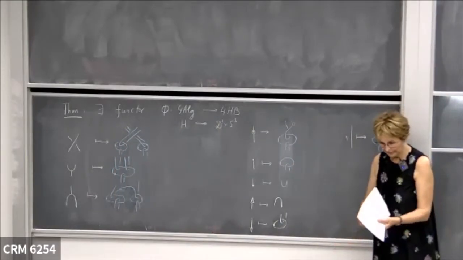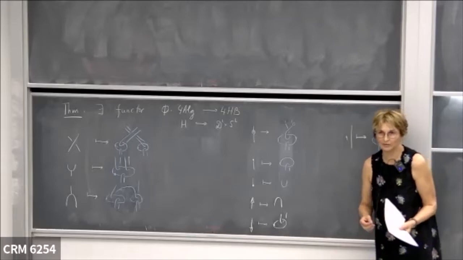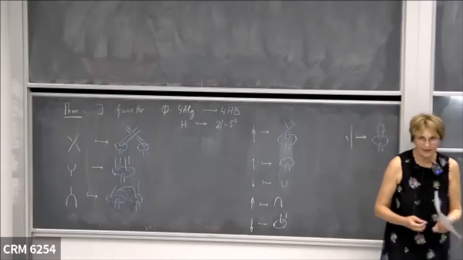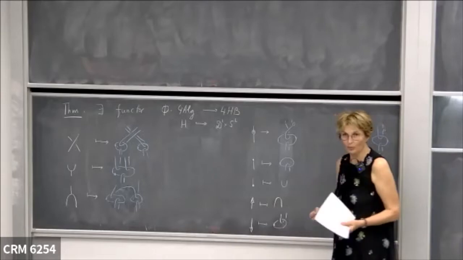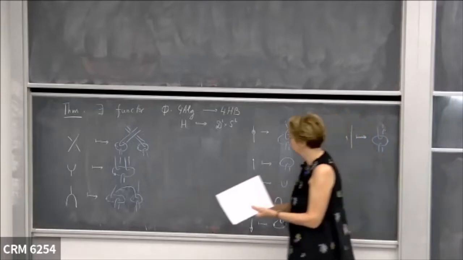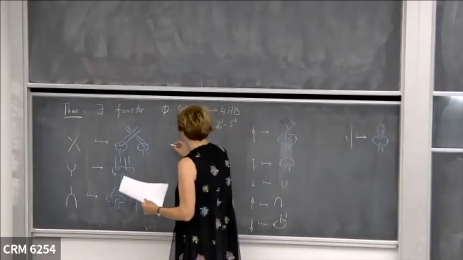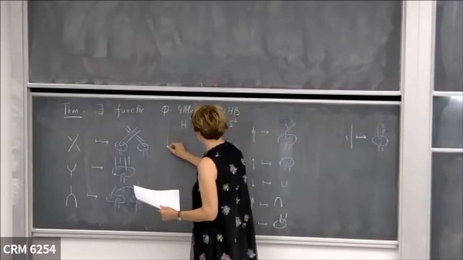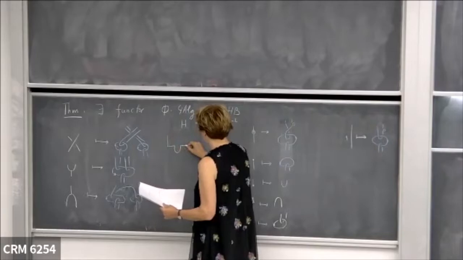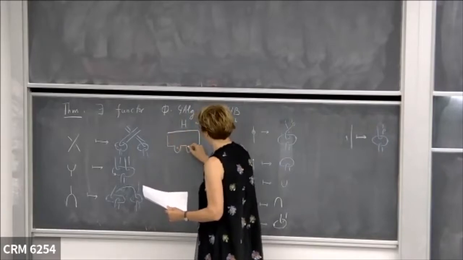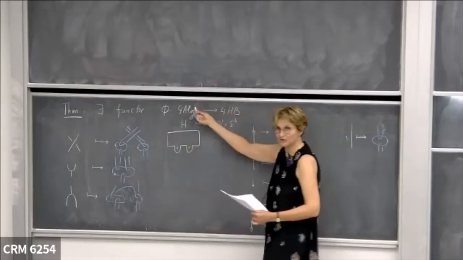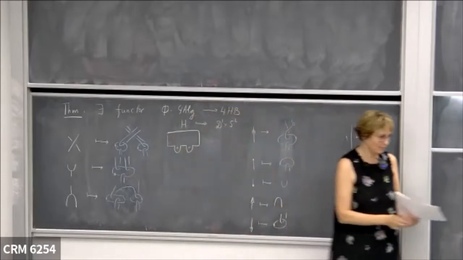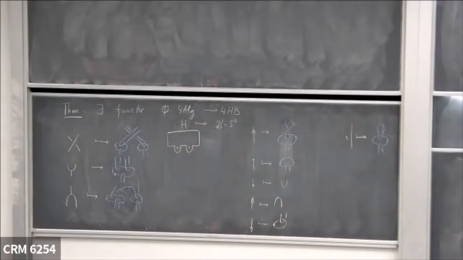Let me recall what I used red for. First of all, I used red in 3-cop. For example, if you remember, in 3-cop the braiding was this: you take this, and then you remove a tube from inside.